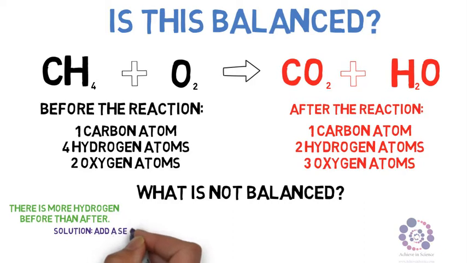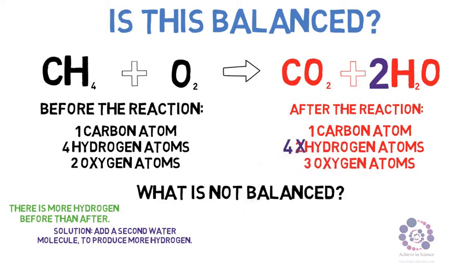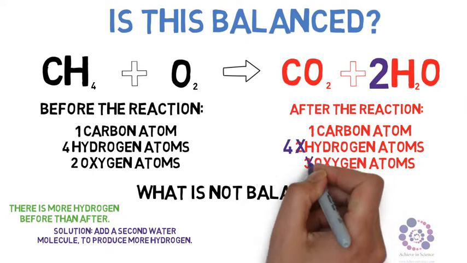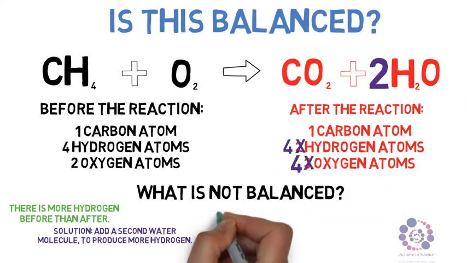So the solution is to add more hydrogen, and this is achieved by creating a second water molecule. Remember, we cannot add just elements or atoms. We have to create another molecule. If we now correct this, we find out that we've got 4 hydrogens and we've got 4 oxygens.